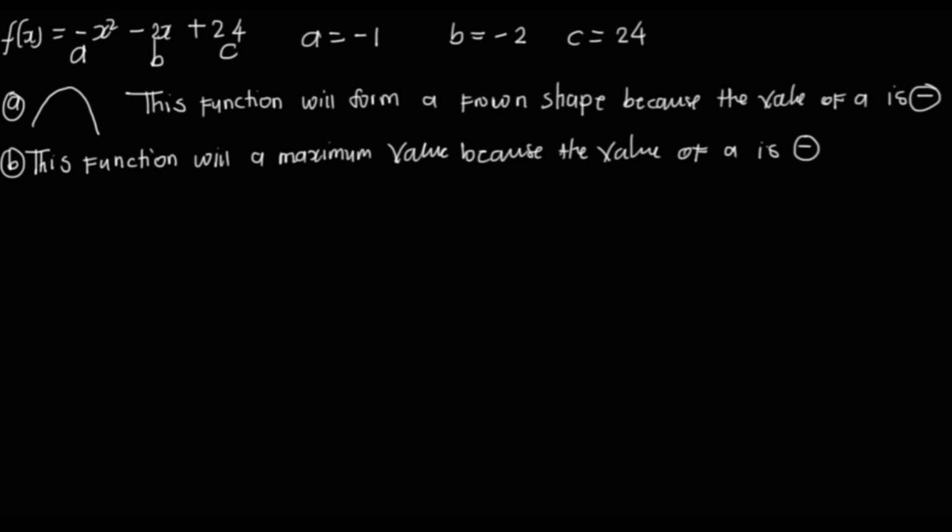Or maybe we can just say a frown shape has a maximum value while a smile shape has a minimum value. Now from there, let's also calculate the coordinates of the turning point.